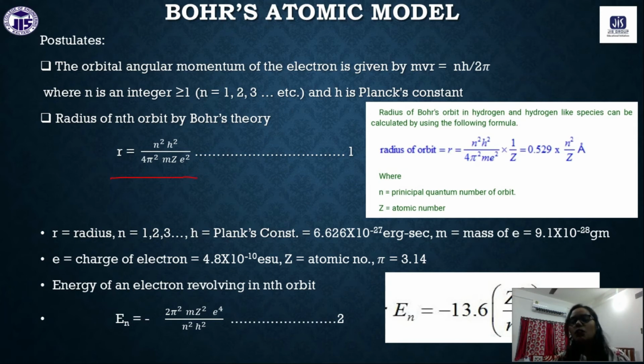This is the total equation of the Bohr orbit and also the energy of the electron.